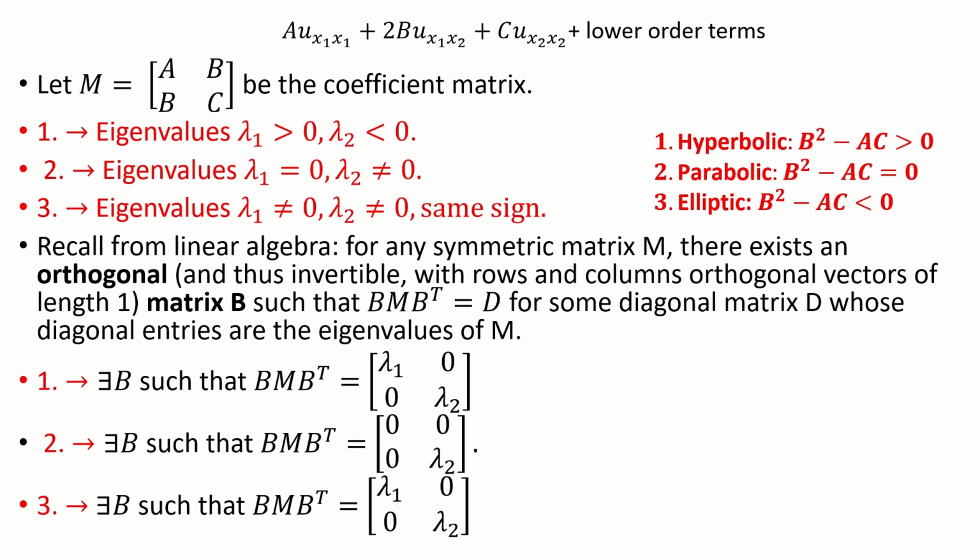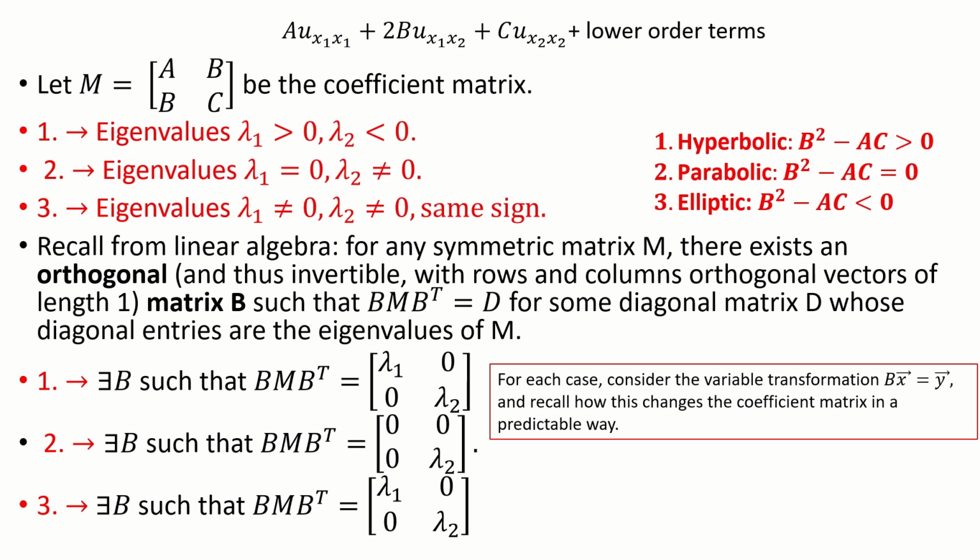And if you remember how a variable transformation Bx equals y changes the coefficient matrix of a PDE, we're basically saying that each of these types of PDEs can be transformed into a PDE with a diagonal coefficient matrix of the forms shown on this slide, which is useful because diagonal coefficient matrix PDEs are what we usually first learn to solve.